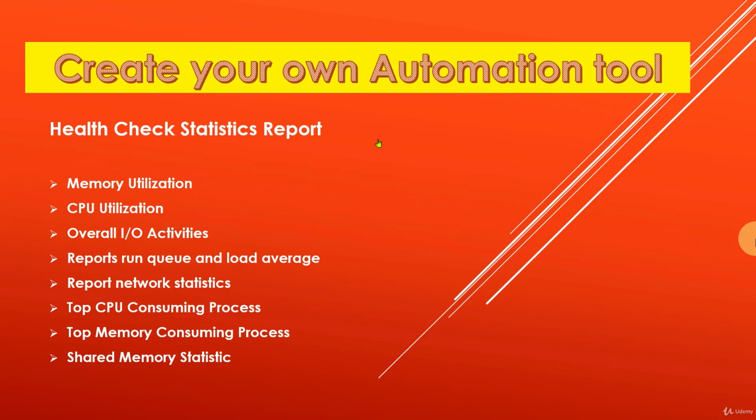In any organization we have to find these details very frequently. Whenever a performance issue is going on, we have to find out the memory utilization on the server, CPU utilization, overall IO activity, run queue and load average, network statistics, and sometimes the top CPU consuming processes at the time of the performance issue, the top memory consuming processes, and also shared memory statistics.